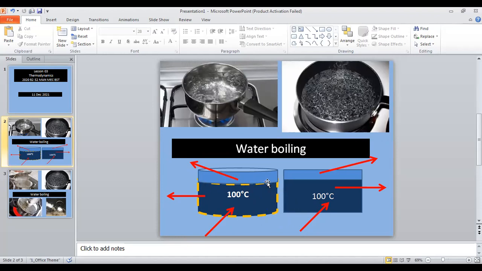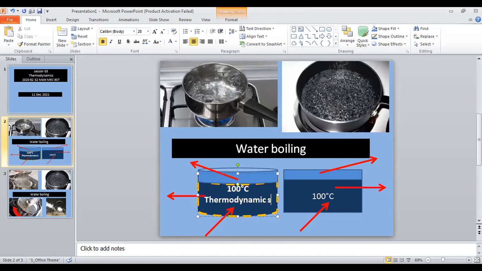Interface, a surface. Interface means the face that is demarcating the system from outside the system, the space of our consideration. Here we call this a thermodynamic system. Later we will learn why this is called a thermodynamic system.